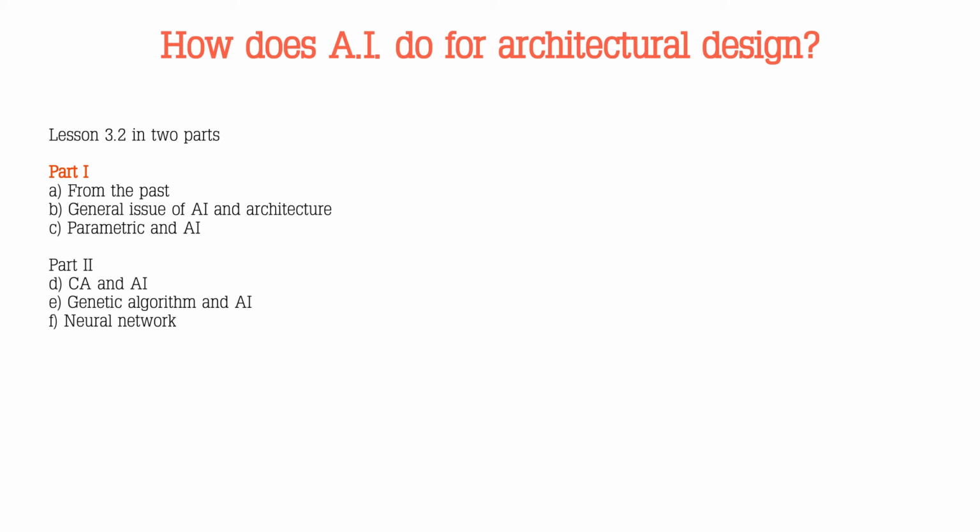Those outputs are partially independent of the activity of the human being, and the action makes sense for us independently of our intervention. We call that part, even if it is very small, even if it is very simple, intelligent. In my personal opinion, all those fields, parametric, cellular automata, genetic algorithms, neural networks, are intelligent.